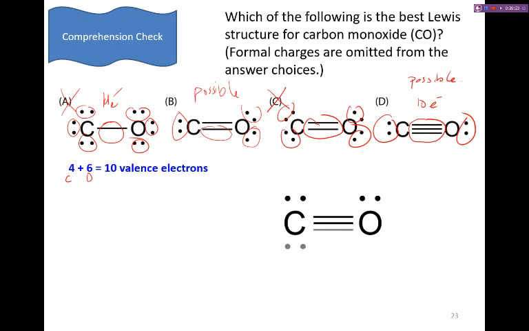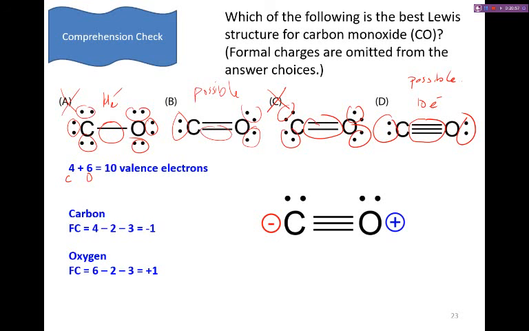The oxygen needs more bonds, and so this structure shows us satisfying the octet rule. And that's the difference between this one, which is actually very similar to structure B, and this one, which is structure C. When we look at the formal charges, we can see that the formal charge on carbon atom is -1, and the formal charge on oxygen would be a +1.